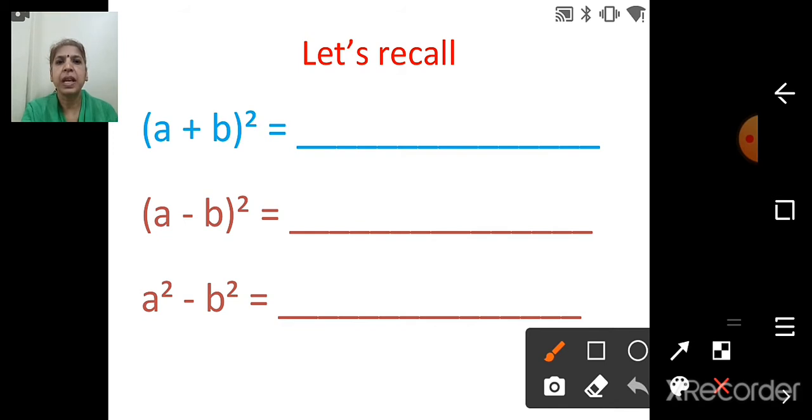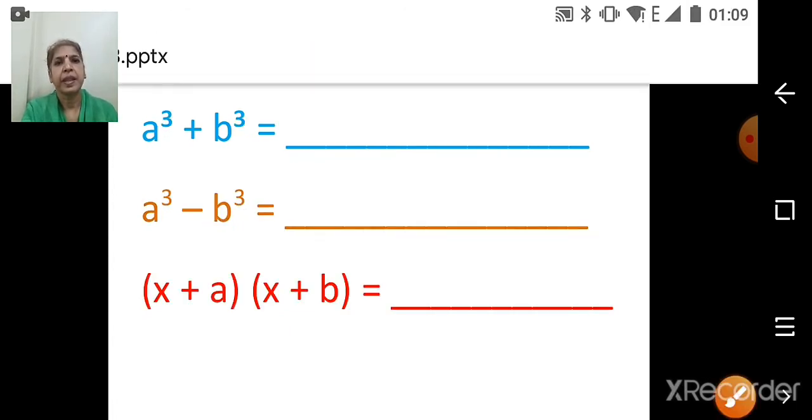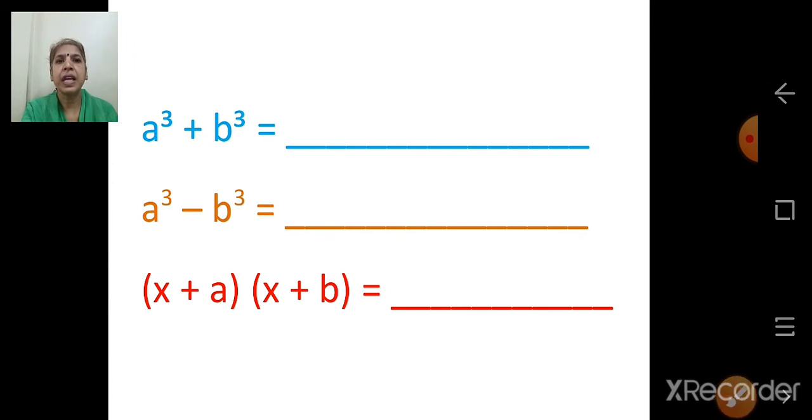Next important formula is A square minus B square, and the answer is A plus B the whole bracket multiplied by A minus B. Next important formula, A cube plus B cube. Answer is A plus B the whole bracket multiplied by A square minus AB plus B square.